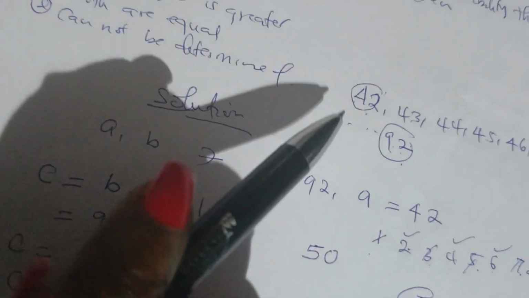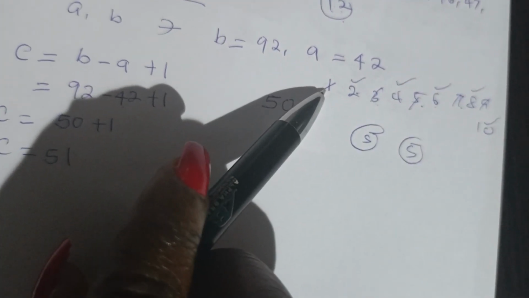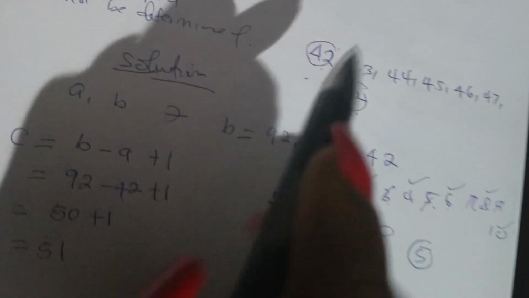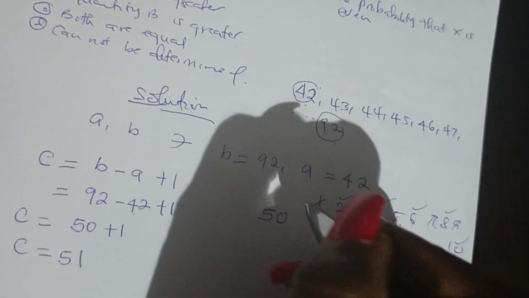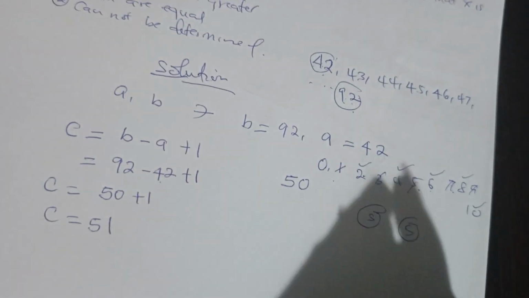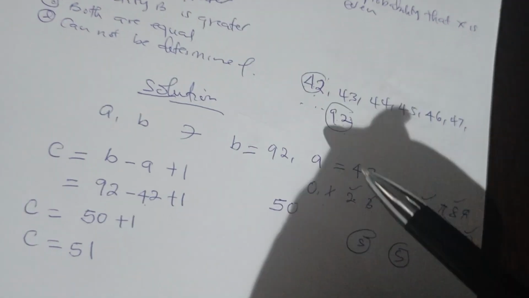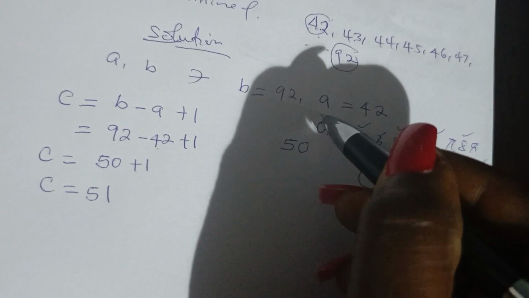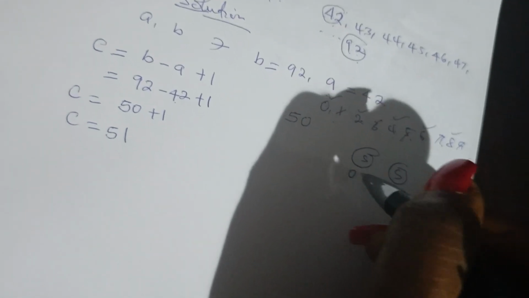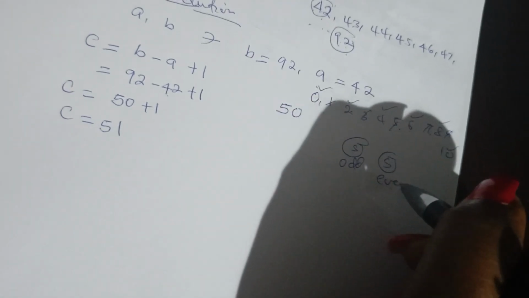But in this case, we started with odd and ended with even. But if we take a look at this number list, we are starting with even. Take it that we started with even, and we strike out the odd. From here you see that we have odd 5 and even how many?